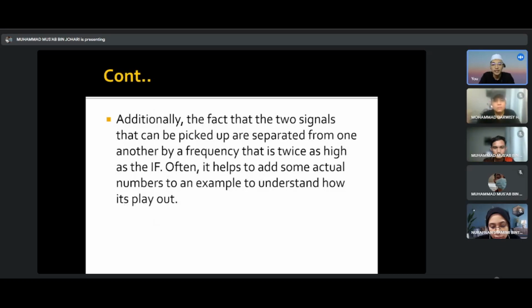Additionally, the two signals that can be picked up are separated from one another by a frequency that is twice as high as the IF.